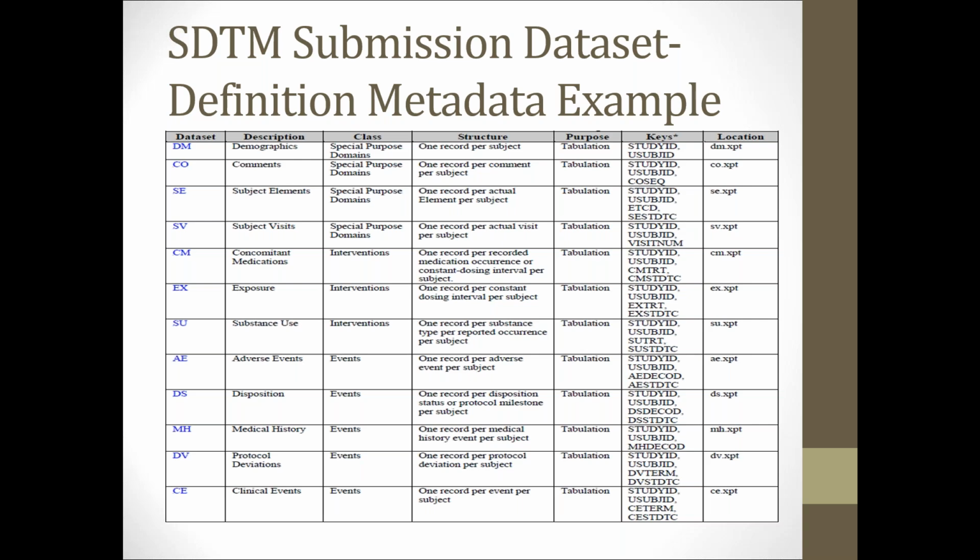And protocol deviations. You can see it is an events domain. One record per protocol deviation per subject. Each and every deviation will be considered a separate record. Subject number 1 has 2 deviations; they will be considered 2 records for that subject.